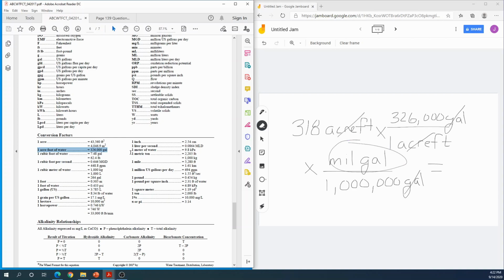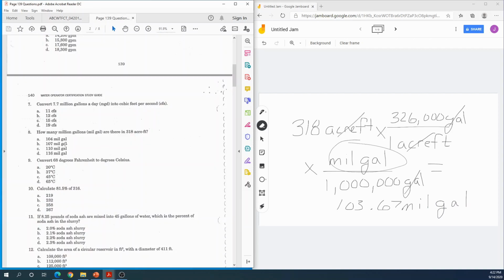So we do 318 times 326,000 divided by 1 million is equal to 103.67 million gallons. We look at our answers, and that would be 104 million gallons.